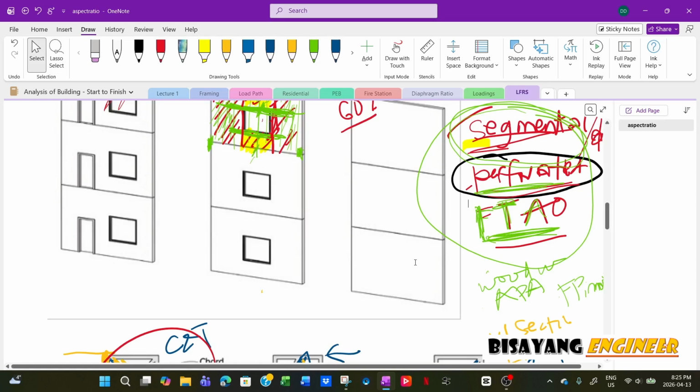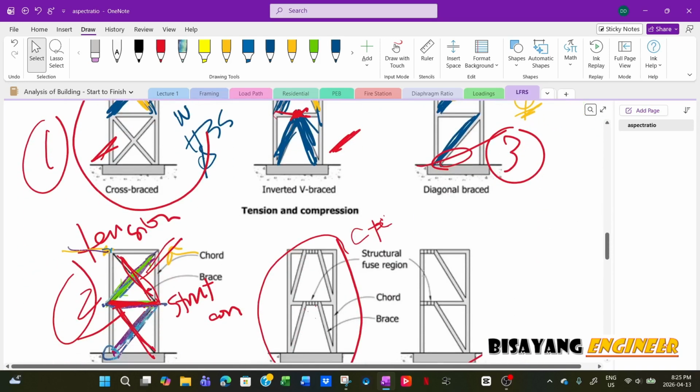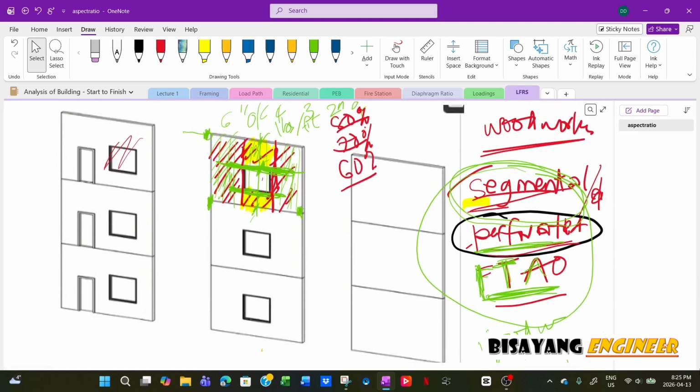In some areas, especially small buildings like apartments where you have only a few feet left for solid walls on one side, most of the time I will be using both segmental and force transfer around opening when I design shear walls for smaller houses like apartments, smaller buildings, or commercial.